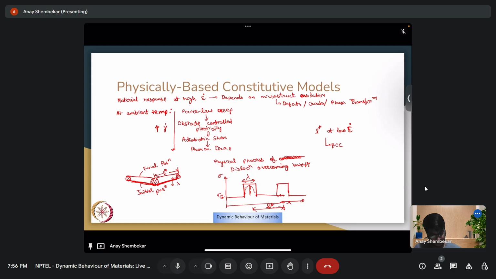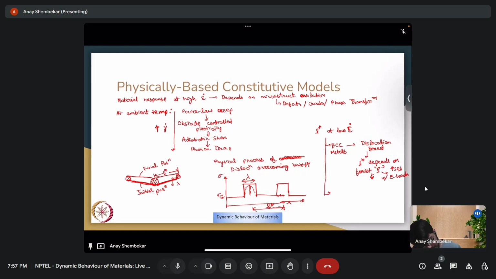For FCC metals, the short range barrier is basically a dislocation forest, and your L star depends on the forest dislocation density, which in turn increases with strain hardening.